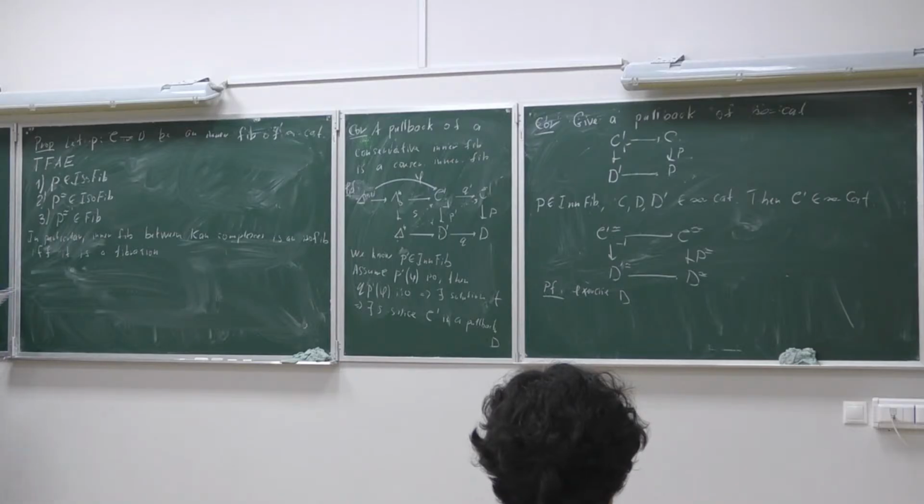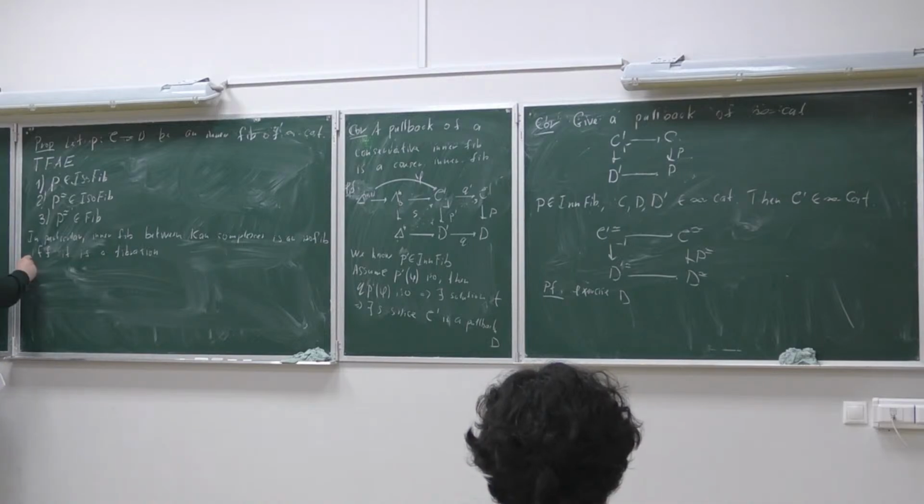This follows from the equivalence of 2 and 3. If you assume that C and D are just Kan complexes, these are infinity groupoids, so P is the same as P induced on the maximal subgroupoids. So an isofibration is the same thing as a fibration for Kan complexes.